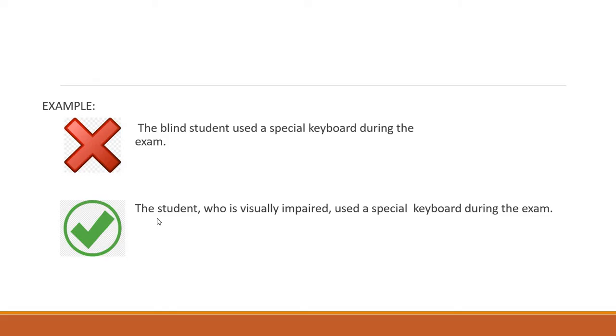And the verb of the student is used. The student used a special keyboard during the exam. Since we are trying to talk about the quality of the student, you could say the student who is visually impaired, an adjective. Instead of saying the blind student, you could say the student who is visually impaired.